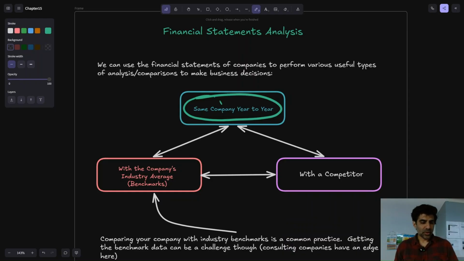You can also use financial statements to compare one company with a competitor. Okay, so if you have two different companies, you can perform an analysis to see how the company you care about stacks up against a particular competitor. Okay, so maybe if you're looking at retail companies, you look at Walmart versus Target, okay? Or TJ Maxx versus Ross, right?